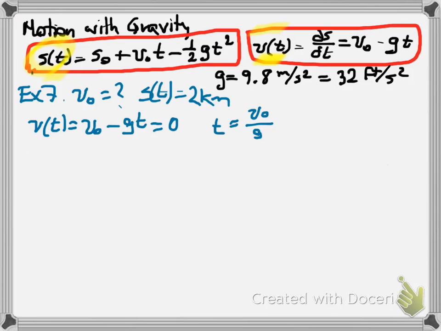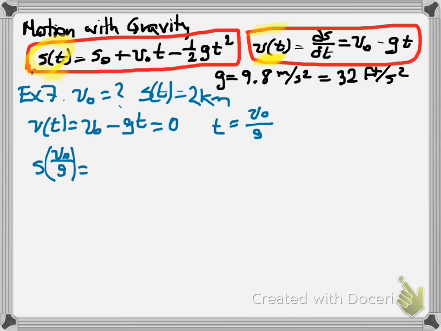That maximum height is the value of S of t at that particular time. So let's solve that: S of the initial velocity over gravity is the moment we are going to use.